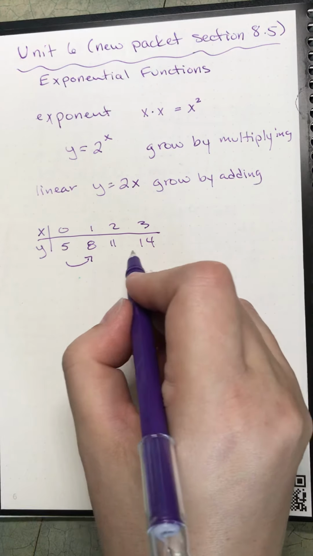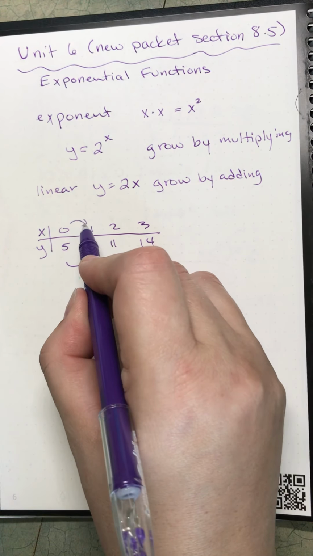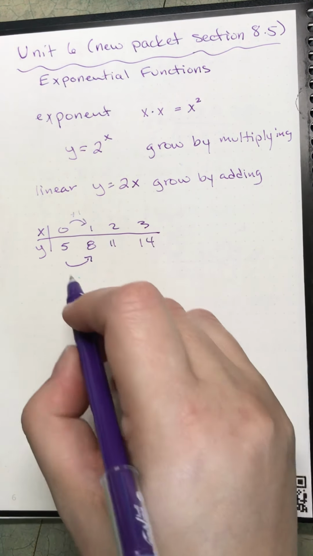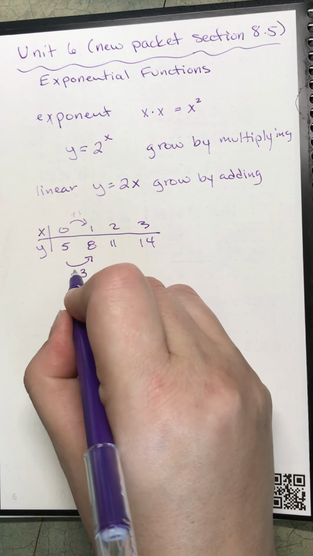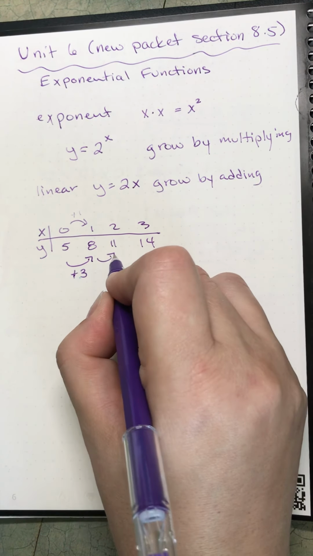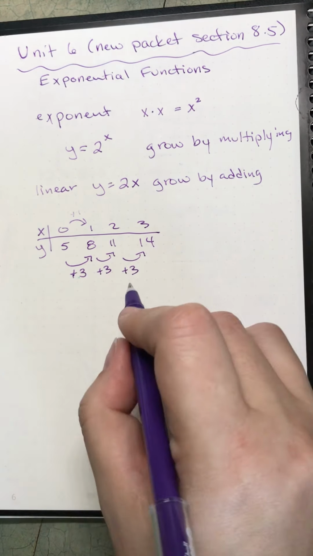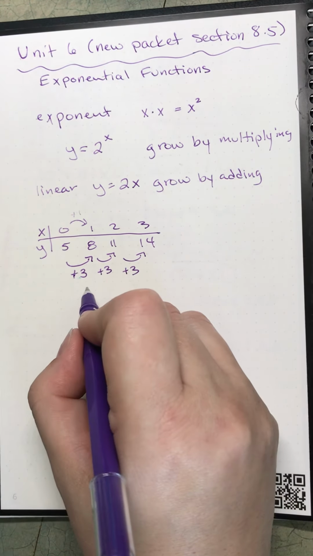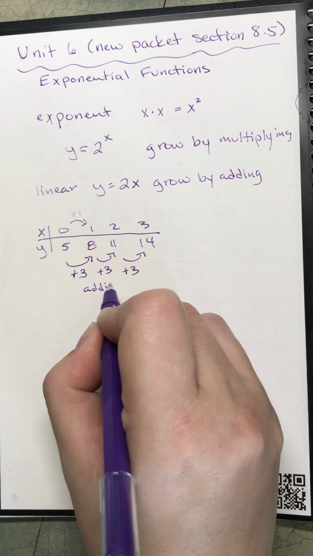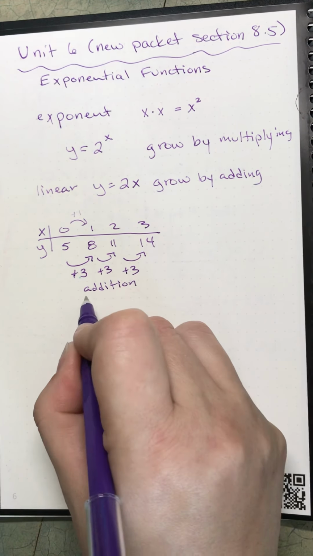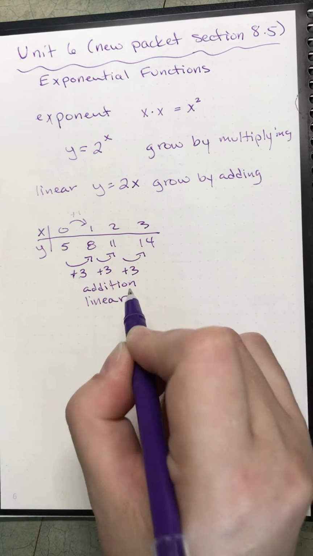Here, every time my x value goes up by 1, my y value is going up by 3. It's adding 3 each time. It's the same amount each time, so it's a consistent pattern, but it's growing by addition, and therefore it is a linear function.